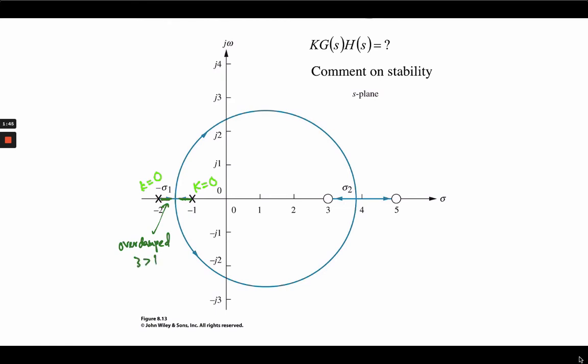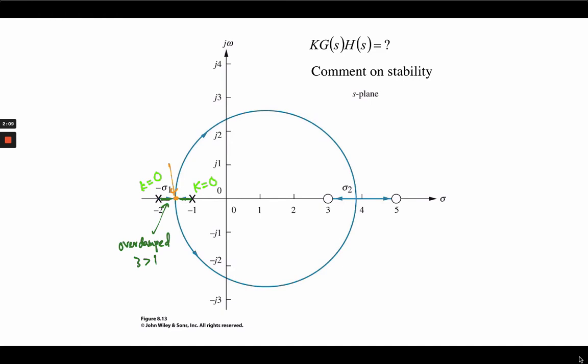And whenever we increase the value of k, the gain, we reach one point. This is what we call the breakaway point. At this location, we have some finite value of k, and at this position we have multiple poles at the same location.